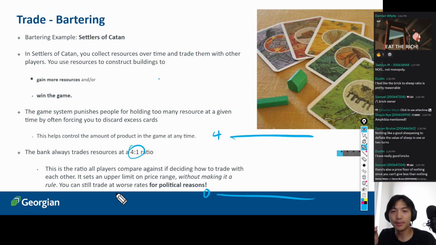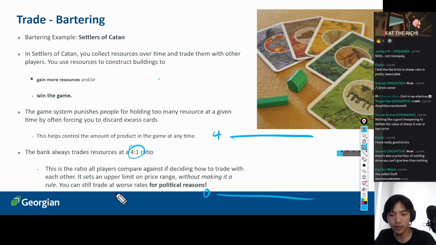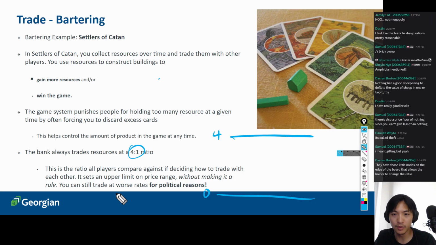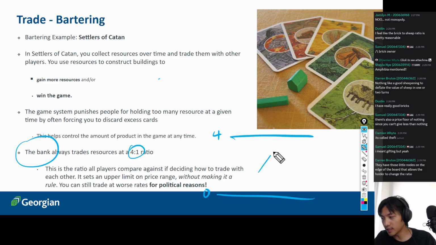It doesn't say players aren't allowed to charge more than a 4-to-1 ratio for something. You don't need rules like that if you just add this. So it's quite elegant that it sets a price ceiling without breaking everything.